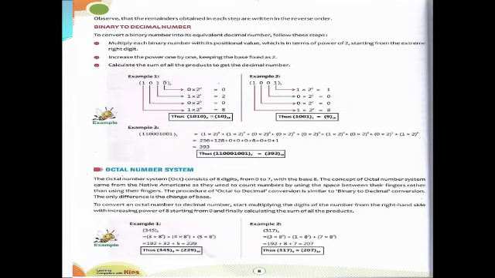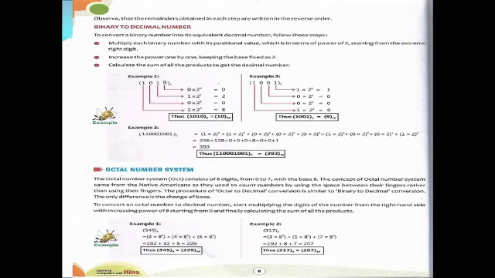The digit 0 is multiplied with base 2 power 0, which is 1, so 0 into 1 is 0. Then 1 multiplied by 2 power 1 is 2. 0 multiplied by 2 power 2, which is 4, gives 0.